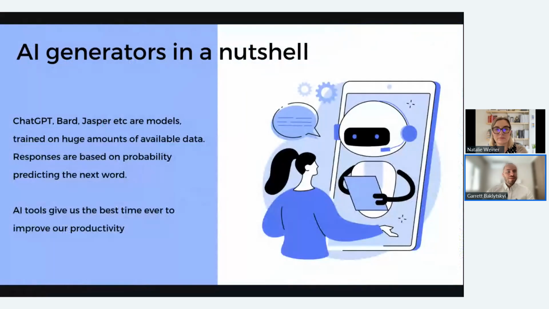AI generators in a nutshell. ChatGPT and other generators are based on models that are trained on huge amounts of data. When AI generators create a response, they calculate the probability of each next word in a sequence based on the input context.